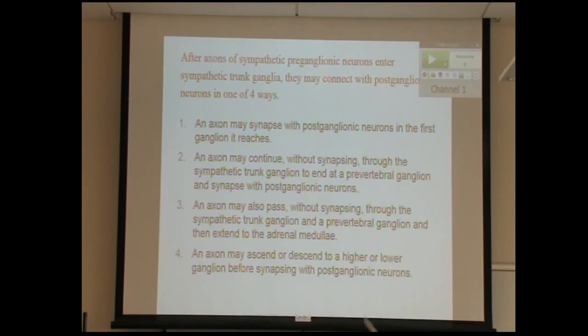The first category is where a preganglionic meets a postganglionic, basically right at the first ganglion that it meets. So if we look at sympathetic, that might be one that meets at the sympathetic trunk. So like the ones that are going to the lungs, for example.